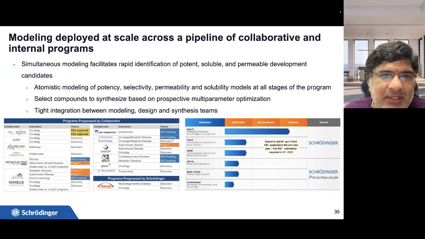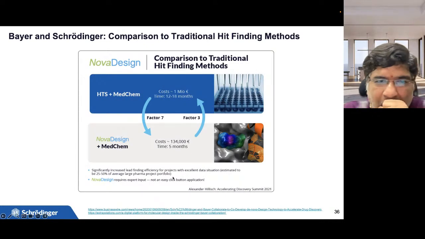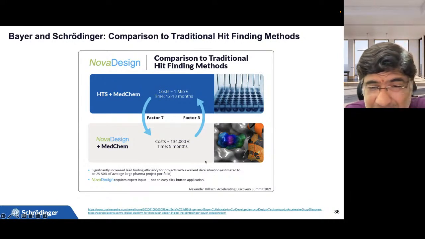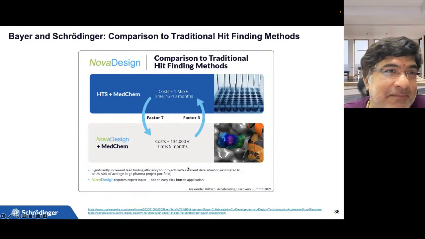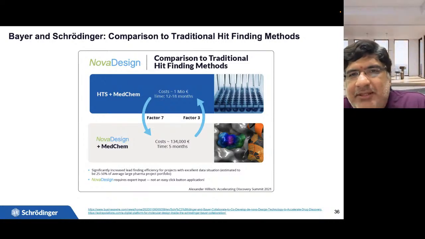This was a very interesting news article published by the chief computational chemist at Bayer. They implemented our technology, which they named Nova Design, automatically generating a large library and then applying screening methodology, right?